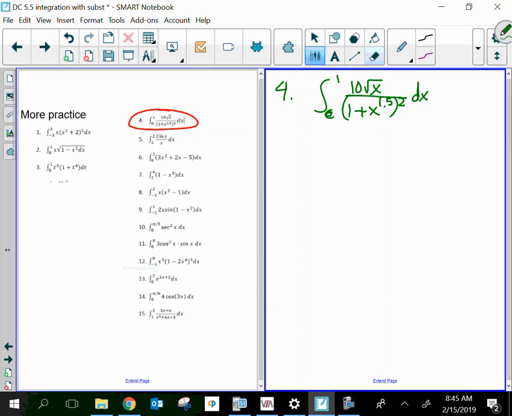Then we got some more notes. We're going to go back there. So this is number 4 on your handout.